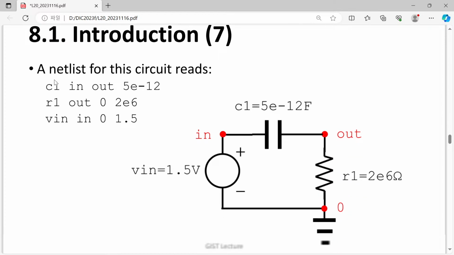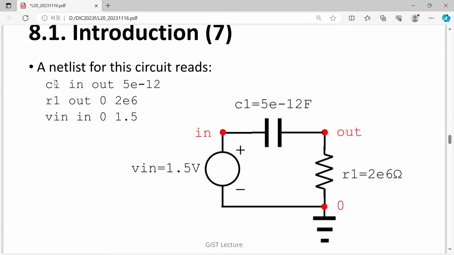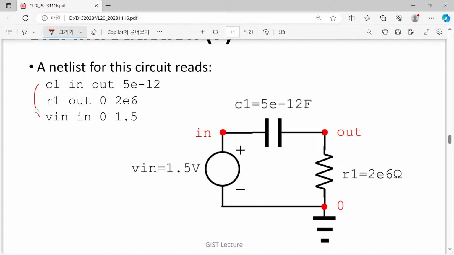Now let's go to one example. Here we already have more elements, 3 elements in it, and please try to build this netlist. Better, we already have this solution, so let's check whether we can easily build the system out of it.